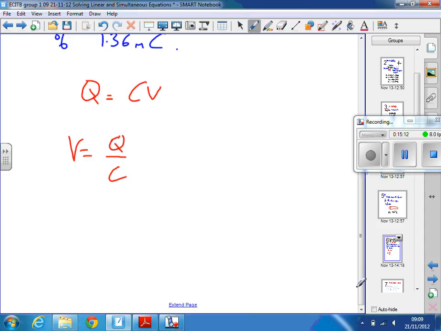I then write down the things that I'm after using. What is Q? To be able to find the voltage, you need Q. It's 1.36 millicoulombs. I'd write that down. And then I'd convert it to its base unit, which it must be in. So I'd remember that 1.36 milli is times 10 to the minus 3 coulombs. So I'd literally write that down. And then I'd write down what's the capacitance.